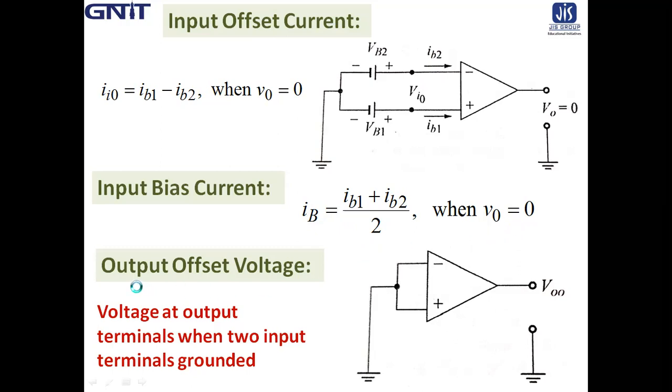Next is the output offset voltage. Output offset voltage, say V00, is the voltage, see in this figure, at the output terminals when the two input terminals are grounded. So that output voltage is called the output offset voltage.